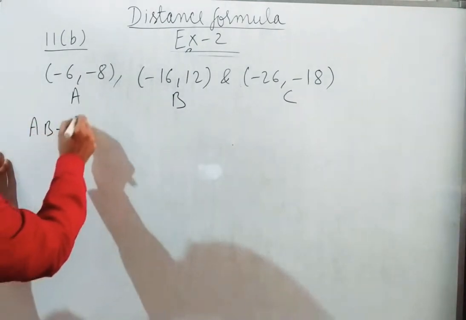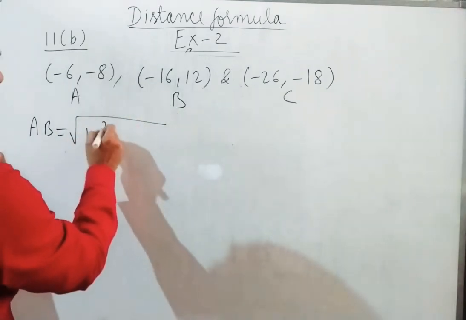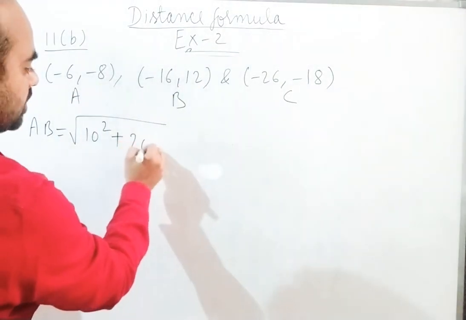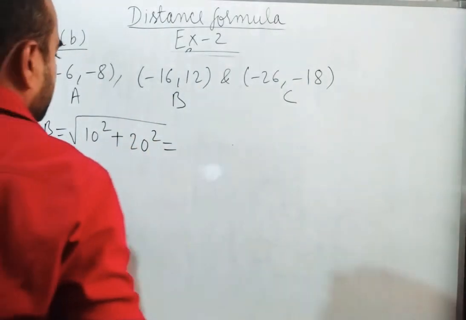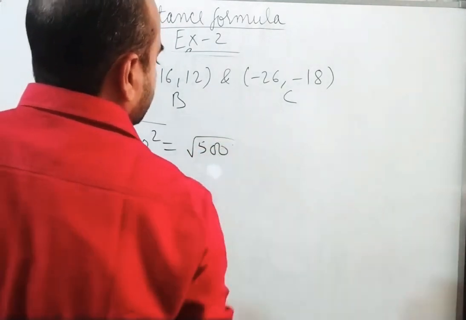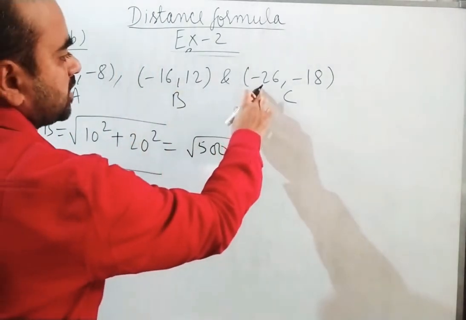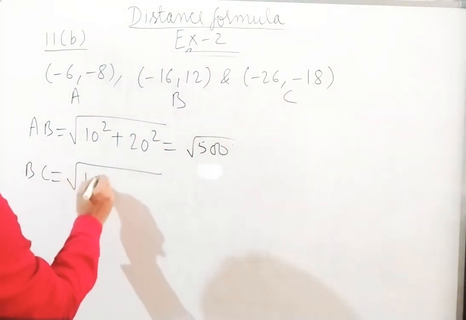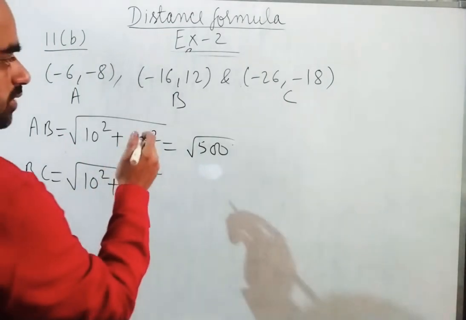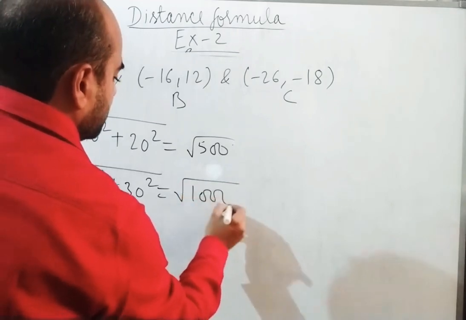AB will be square root of: -6 minus -16, it means 10 square, plus -8 minus 12, that is -20 square, that is 20 square. So this will be 400 plus 100, that is 500, correct? Then BC is -16 minus -26, again 10 square, plus 12 minus -18, that is 30 square. So this will be square root 1000.